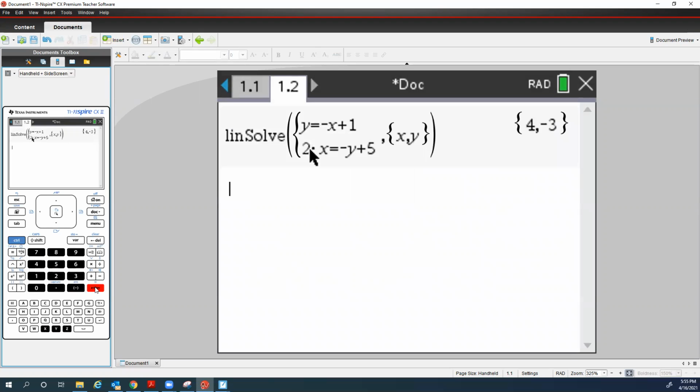Then press enter and notice it gives you the solution. If you know how to do these steps, this is probably the easiest way to find the solution to a system. Practice it if you have a graphing calculator at home, and make sure you know how to do this every time, and you will get these questions right.